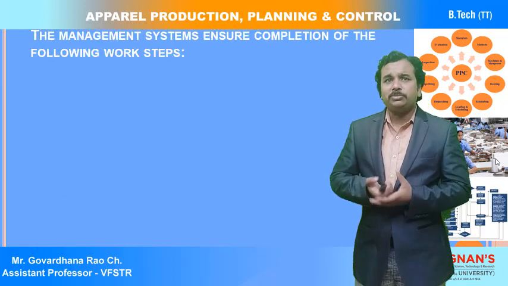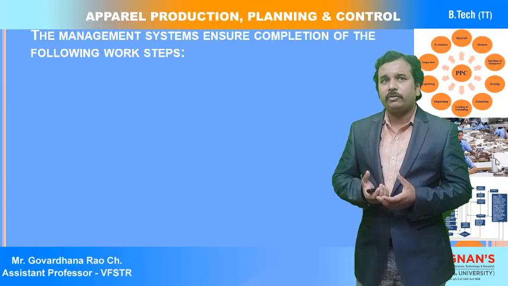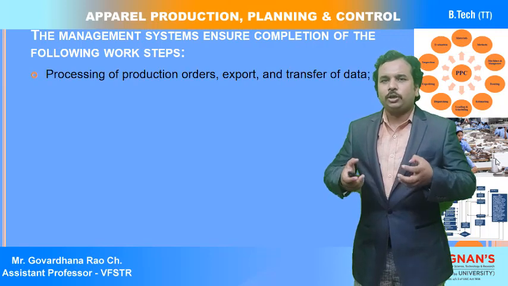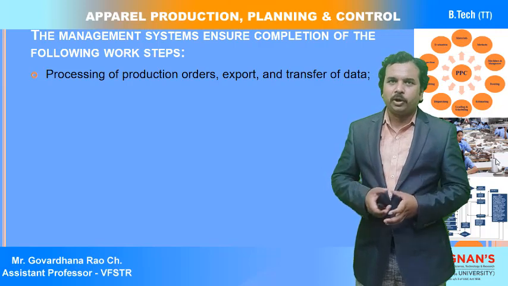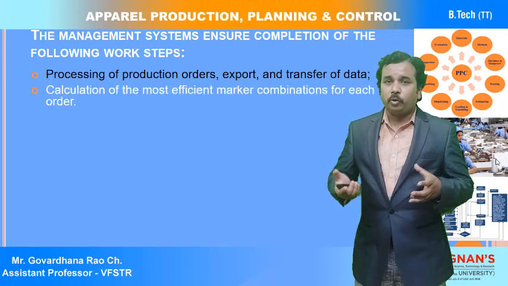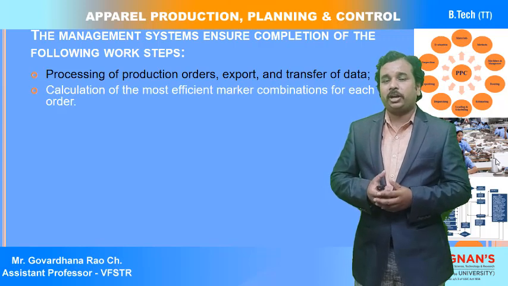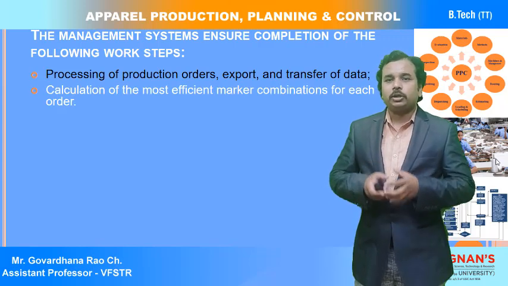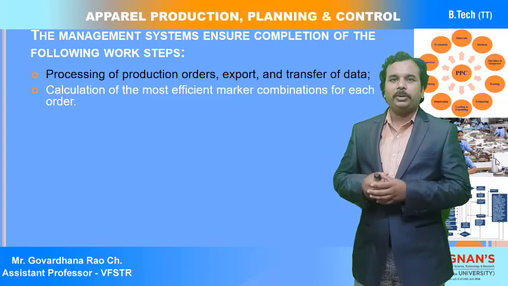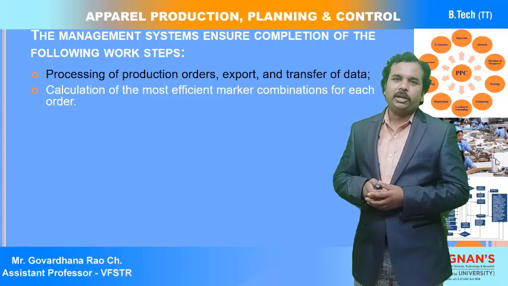Okay. And the management system ensures completion of the following work steps. One is processing of production orders, export and transfer of the data, calculation of the most efficient marker combination for each order. Okay. So this management system, that is a PDM also, we can say the PDM is also one of the software we are using to control all these. Okay.